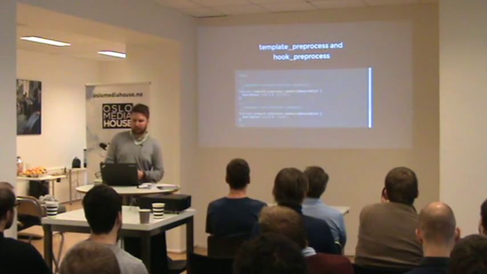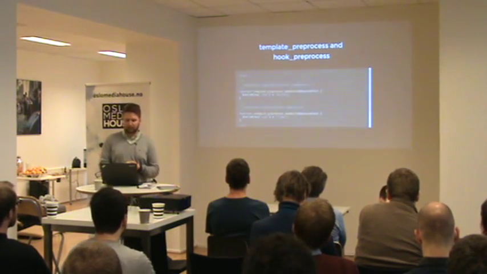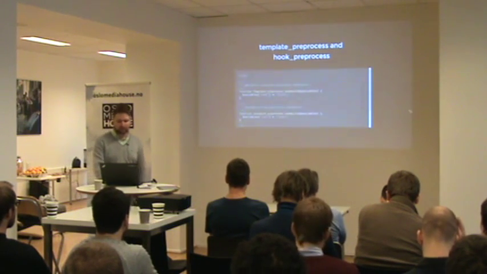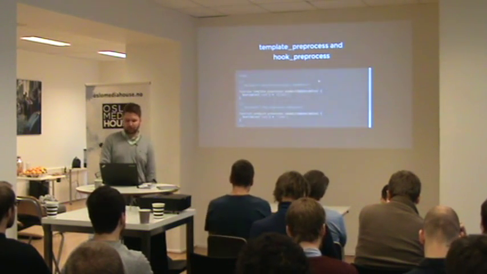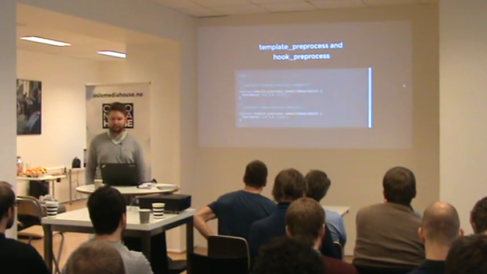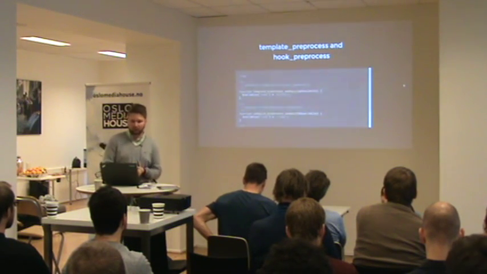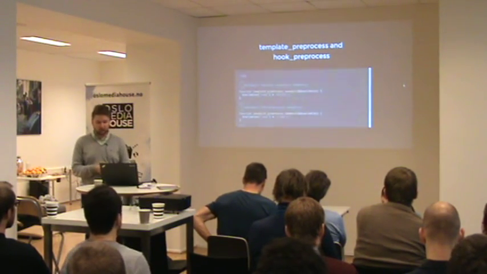So after we have all the theme suggestions collected, we have the preprocess layer, where we have first the template_preprocess hook, which is the first preprocess function that is being run specifically for this theme hook implementation.